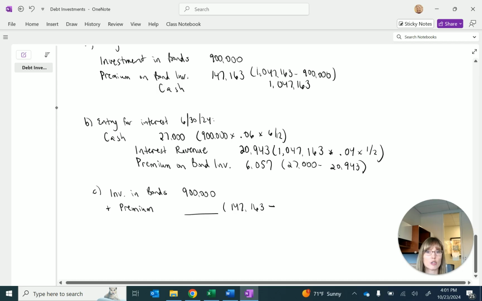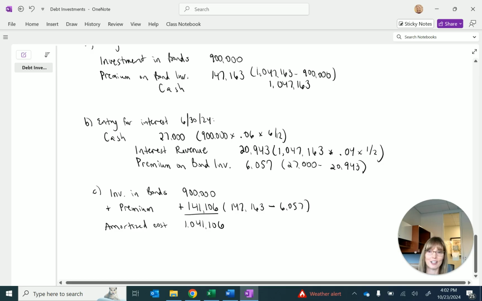And then in this entry here, we reduce the premium by 6,057. So our balance in the premium is 141,106. And so our amortized cost, or what we would call our carrying value, is 1,041,106.